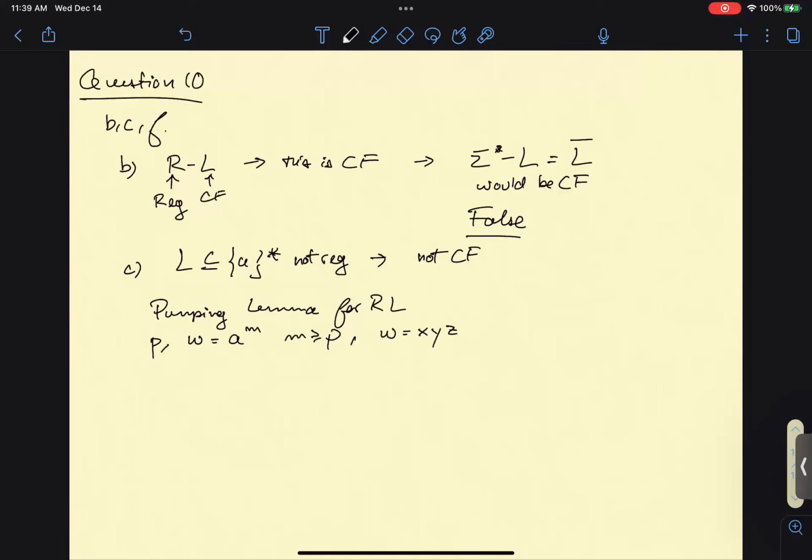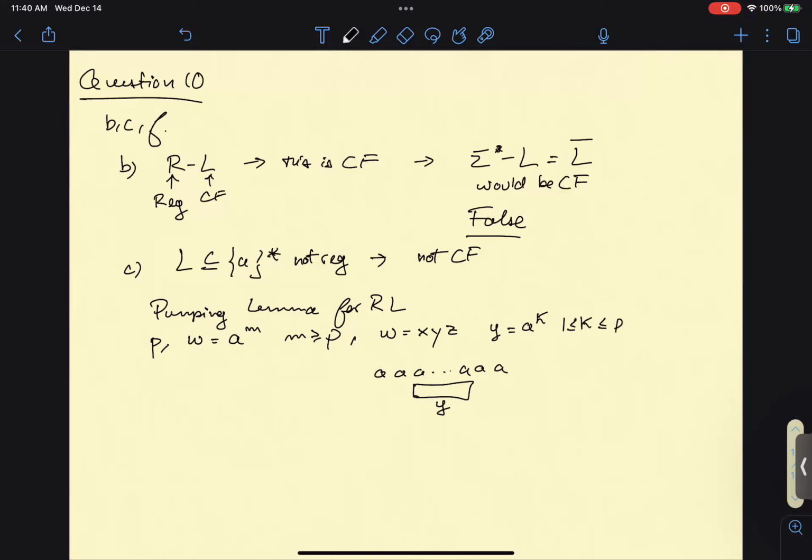So here, because my string w is a bunch of a's, then the only thing that can happen is that y can be a bunch of a's. So y is going to be here, and it's going to be a bunch of a's. Suppose there's k a's. So I know that k has to be at least 1 and at most p.